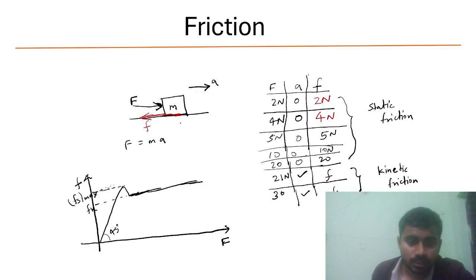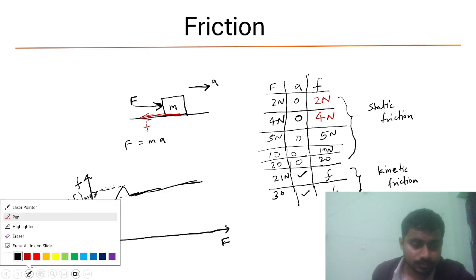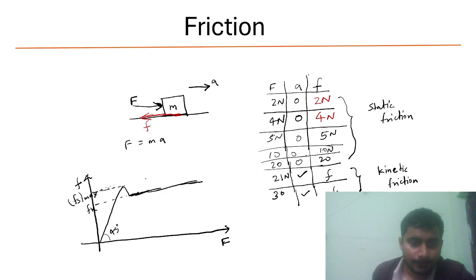What is normal force? Due to gravity there will be mg on the ground, and there will be a normal force acting on this body due to the reaction of the ground surface.